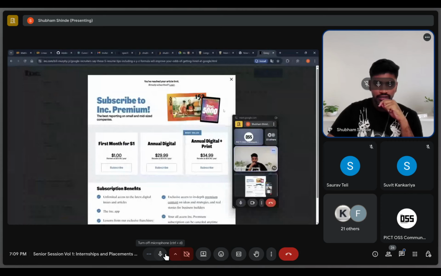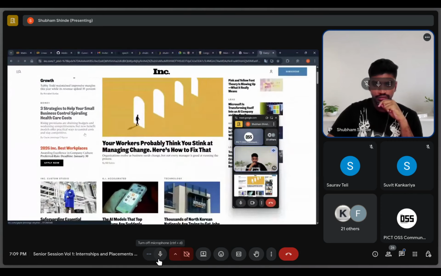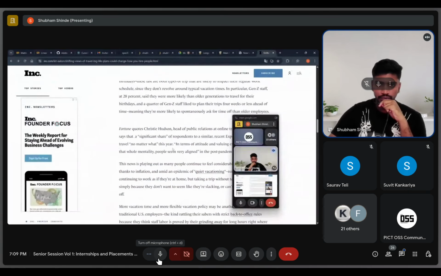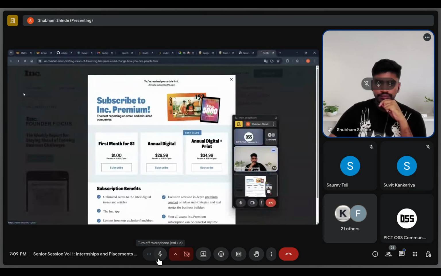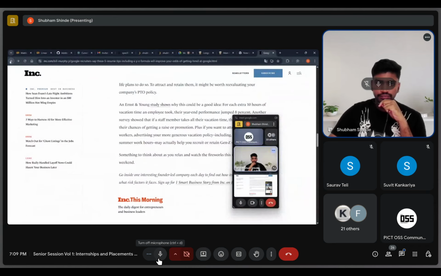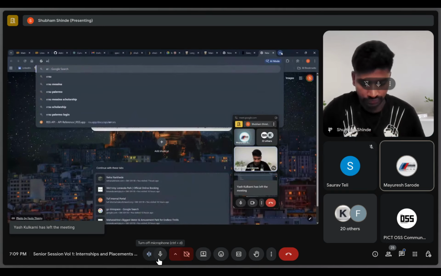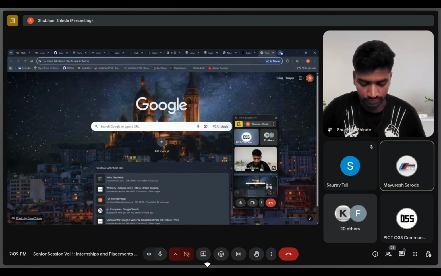So you can follow the Google XYZ rule. It is basically a simple rule. Okay. And the resume should be one page.